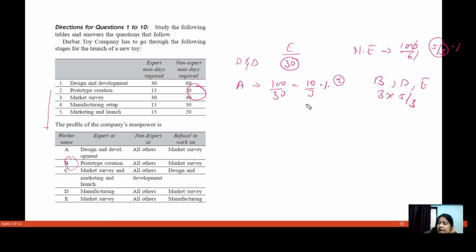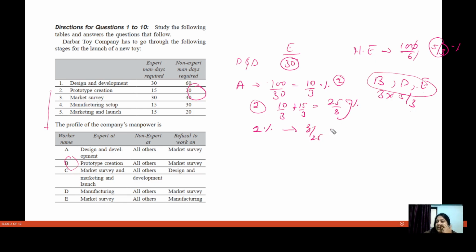Okay, so 10 by 3% of the work is done in one day by this person, and 3 into 5 by 3 of the work is done by B, D, E in one day. Okay, so basically we get 10 by 3 plus 15 by 3, that is 25 by 3% of the work done in one day. Okay, that means 1% of the work is done in how many days? Obviously the reverse of this.